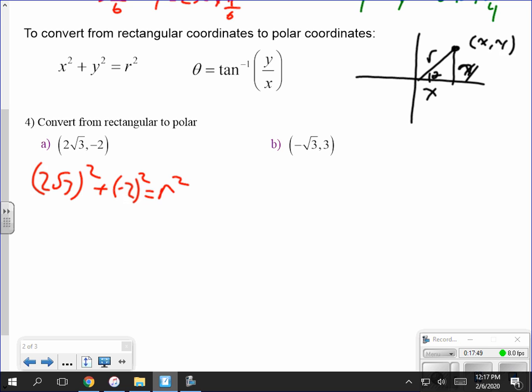R squared is 16. R is 4. That's the easy one. Theta is the hard part.